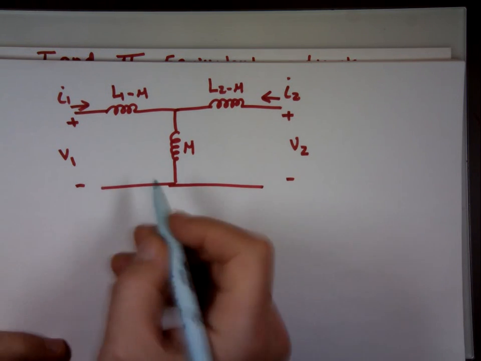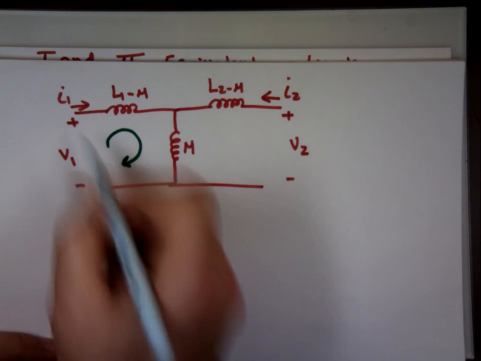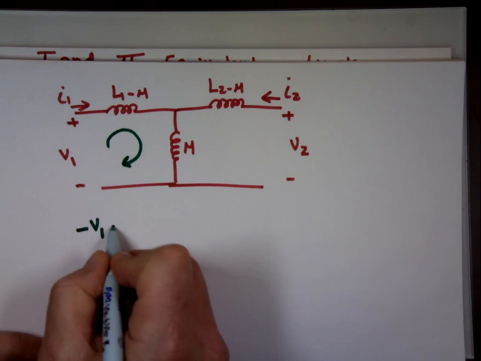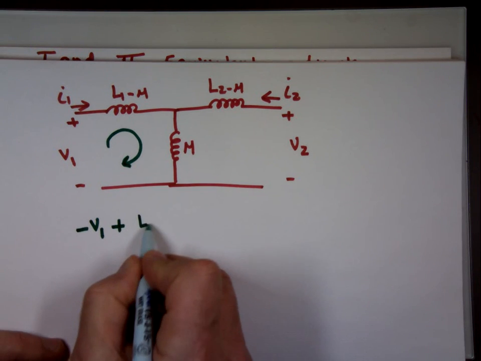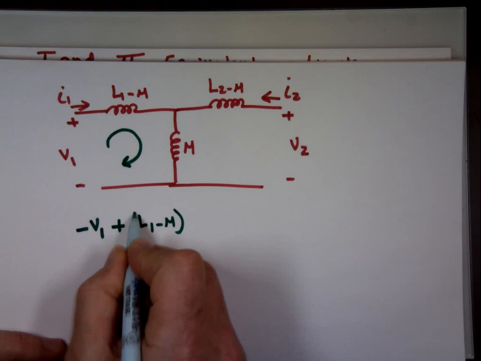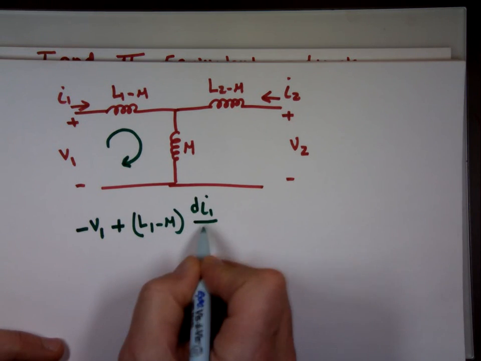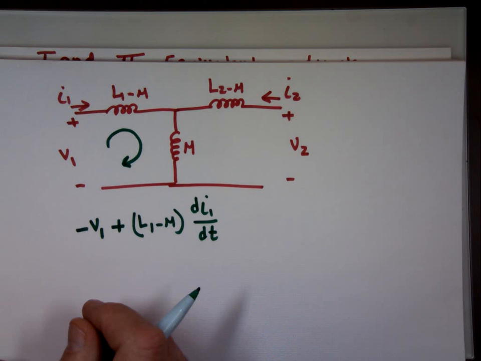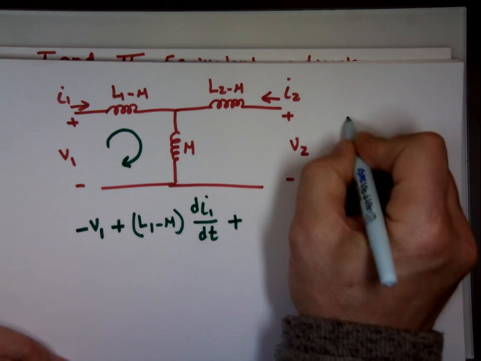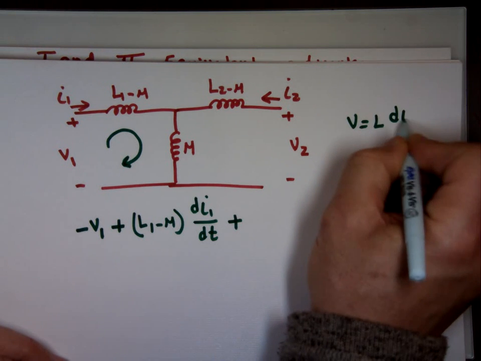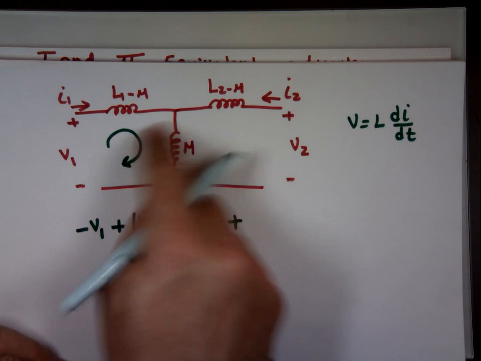Do KVL right here. Negative V1 plus, what's the voltage drop here? We take the inductor, which is L1 minus M, times what? The derivative of that, di1/dt. Plus, remember, I'm using V equals L di/dt, right? What's the voltage here?